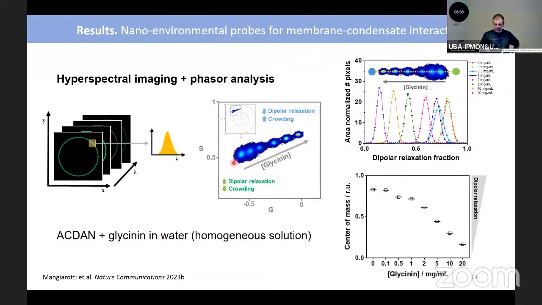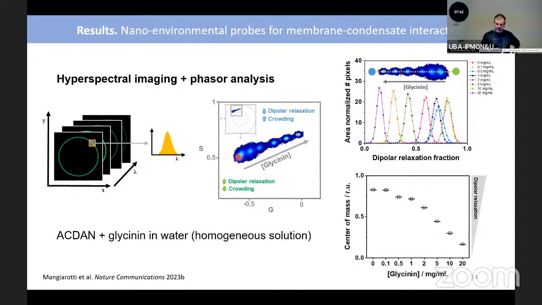You can see in this spectral phasor plot, with glycine increasing in concentration from 0 milligram per milliliter to 20 milligram per milliliter, that the signal is moving backward in the phasor, telling you that it is decreasing the polarity around the dye. So in a way, it is decreasing the activity of the water.